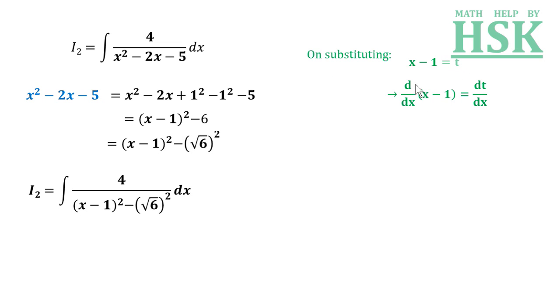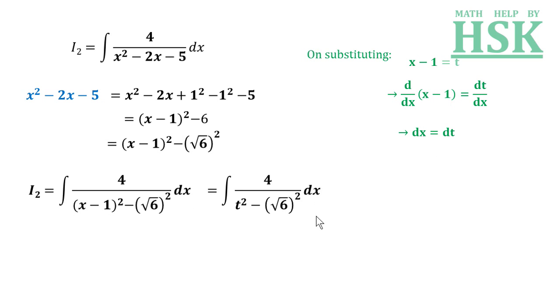Differentiating both sides with respect to x, I get d upon dx of x minus 1 as equal to dt upon dx, or dx is equal to dt. Replacing x minus 1 with t, and dx with dt, I'm going to obtain I2 as equal to integral of 4 upon t square minus root 6 whole square dt.